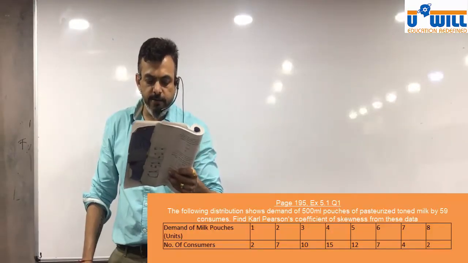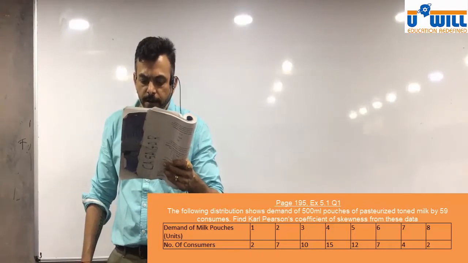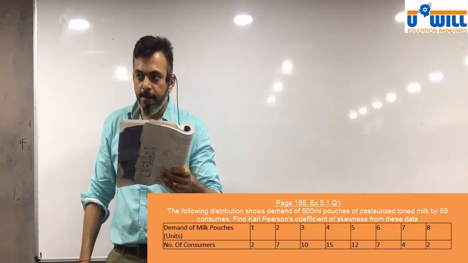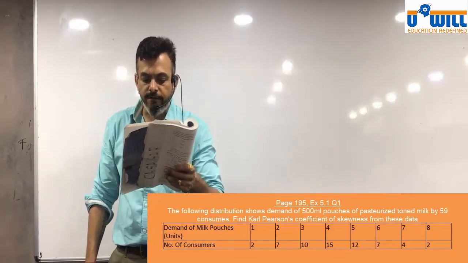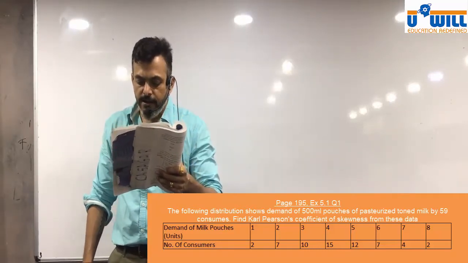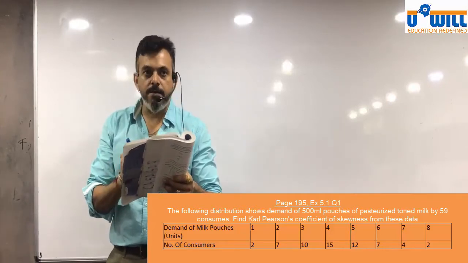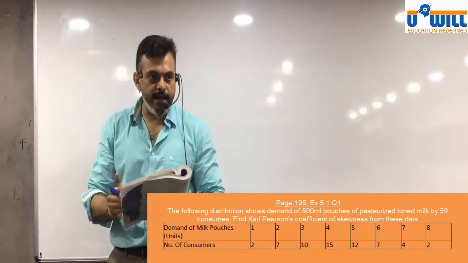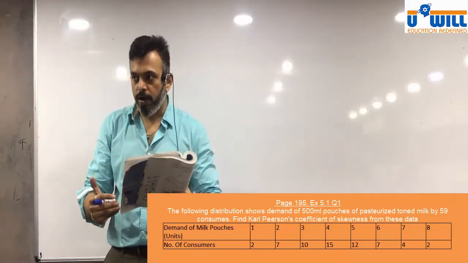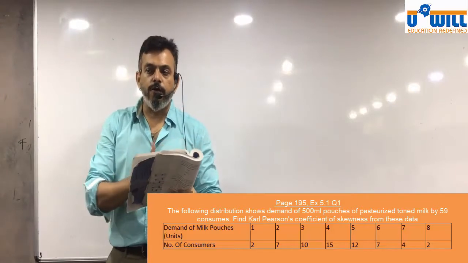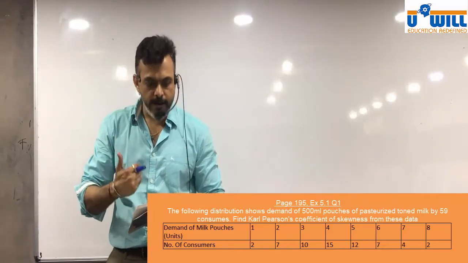The following distribution shows demand of 500 ml pouches of pasteurized toned milk by 59 consumers. Find Karl Pearson coefficient of skewness from these data. Always check the data कि ये इसमें मोड पॉसिबल है कि नहीं है. अगर अनइक्वल क्लास लेंथ है, more than one mode है, तो फिर you will have to go for the second formula, that is 3 x bar minus m upon s.